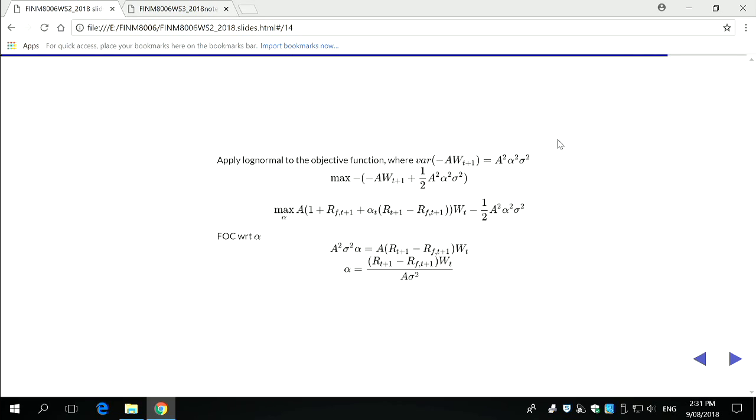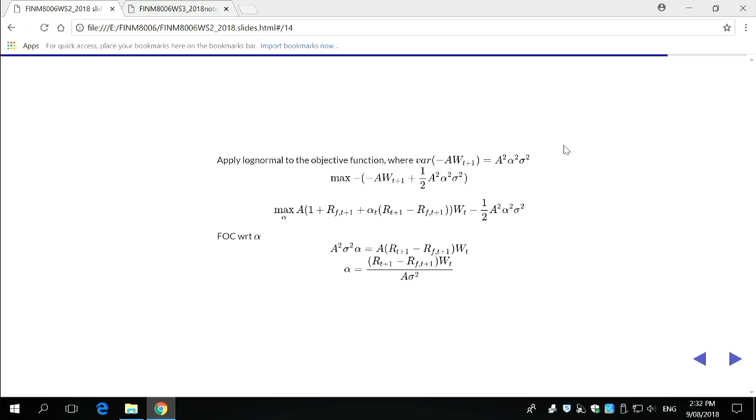Everyone see this? If you're getting lost here, it'll be really difficult for you in the future, because this is the basic building step of the models. You should know where the variance of this future wealth comes from.